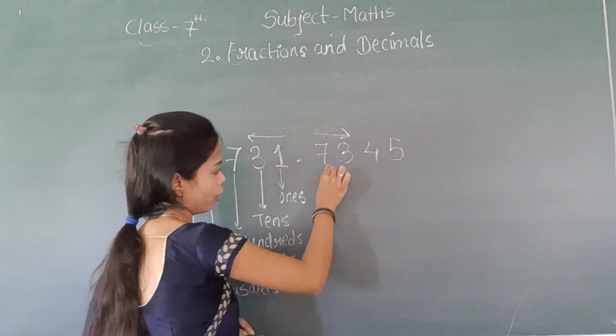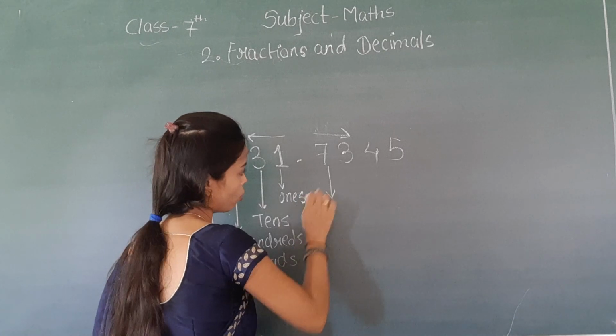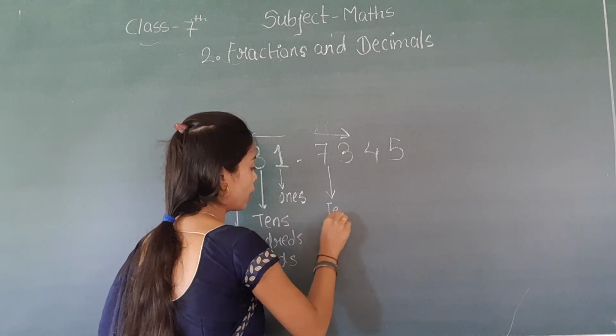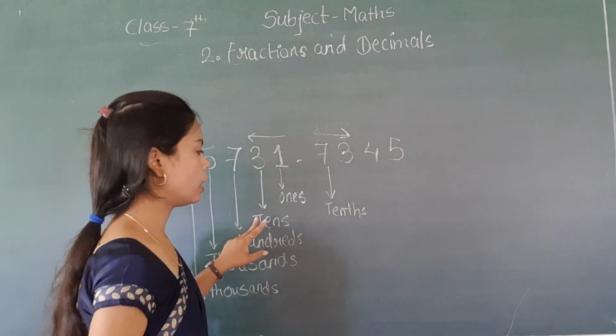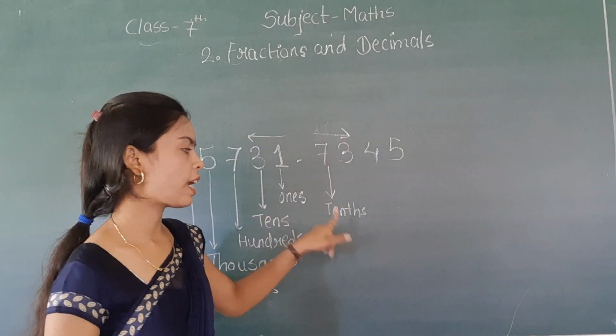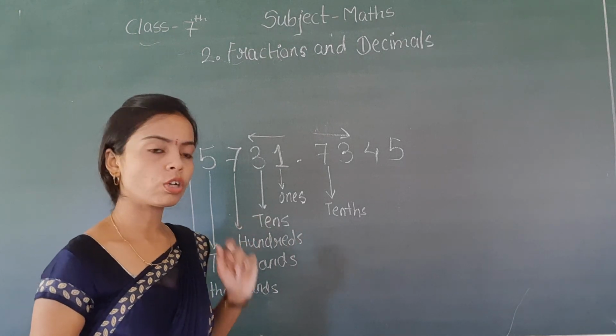But on the right side, what will be your place values? This is tenths. ये tenths है, but this is tens. Tenths means 1/10.